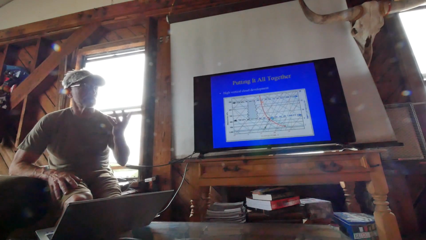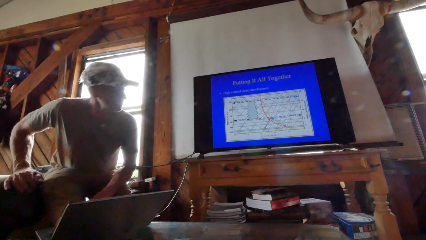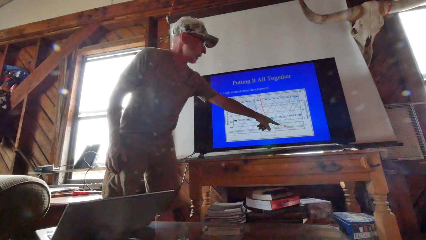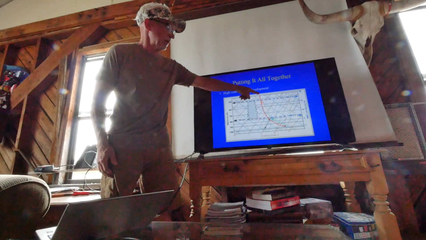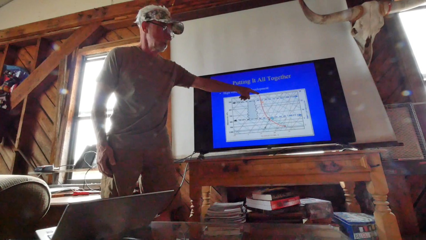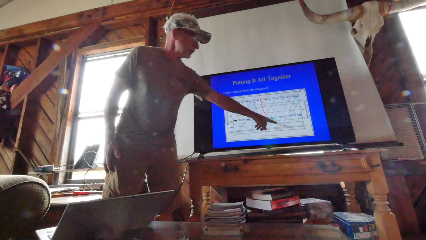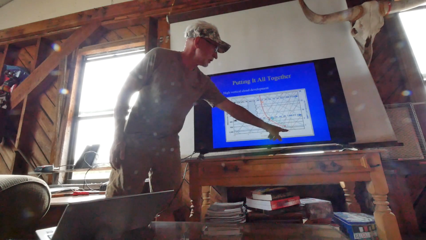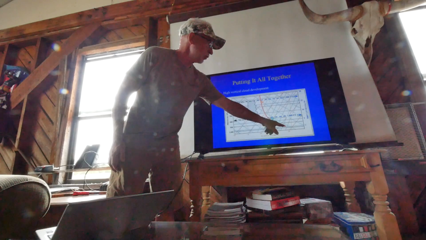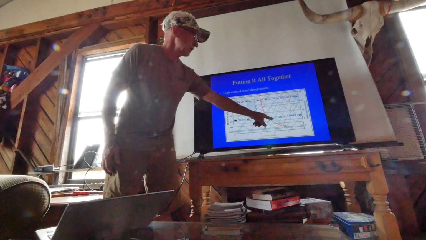So here's an example. Here's the environmental lapse rate, the data from the balloon of how the parcel is going to cool as it rises. Here's a parcel that forms at this temperature here. It's cooling adiabatically.